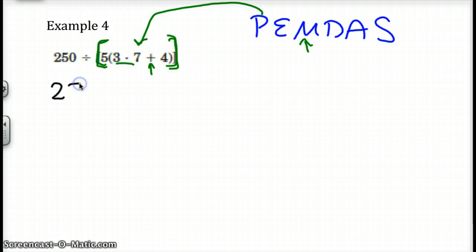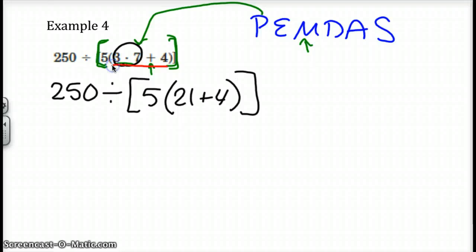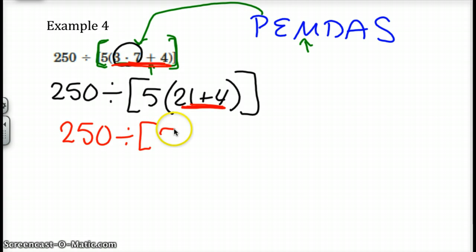We got 250 divided by bracket 5 parenthesis. This is 21 plus 4. All right, I'm still working inside my parentheses. I'm trying to get this taken care of first. So we need to do this next. 250 divided by bracket 5.